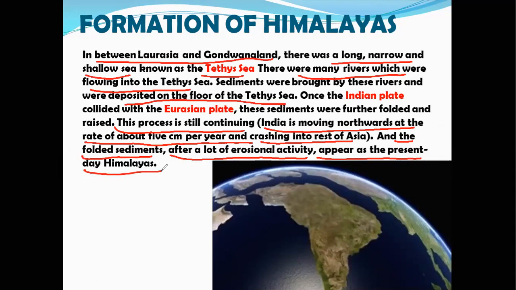So basically, the Indian plate collided with the Eurasian plate, and upon collision, the sediments that were present in the Tethys Sea led to the formation of a folded structure called the Himalayan mountains.